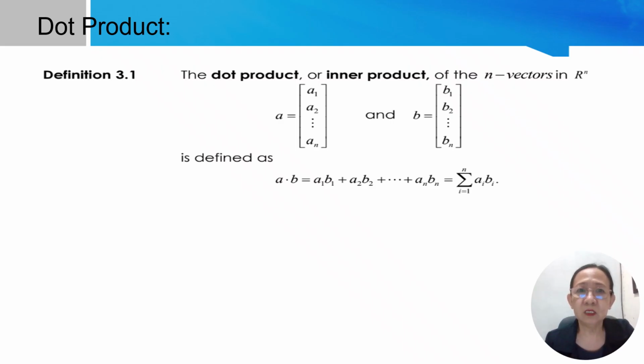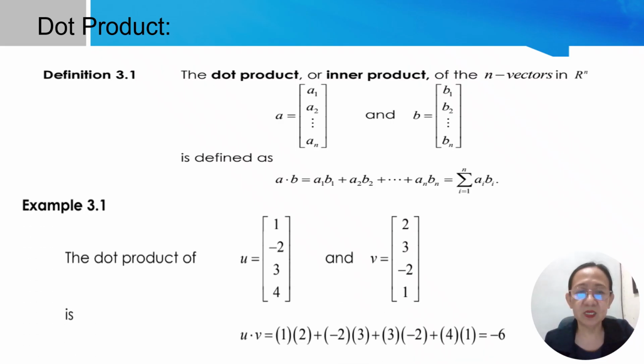The dot product is defined as the sum of the products of their entries: A sub 1, B sub 1 plus A sub 2, B sub 2, until A sub n, B sub n as the last entry. Therefore, the dot product is the summation of A sub i, B sub i, wherein i is raised from 1 to n. So, let us have an example.